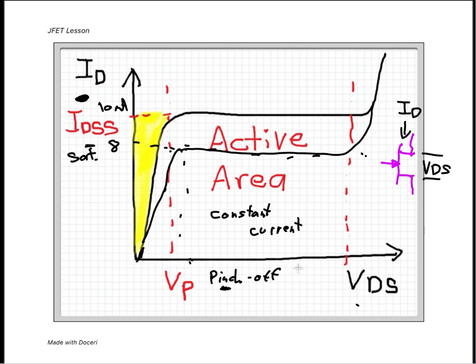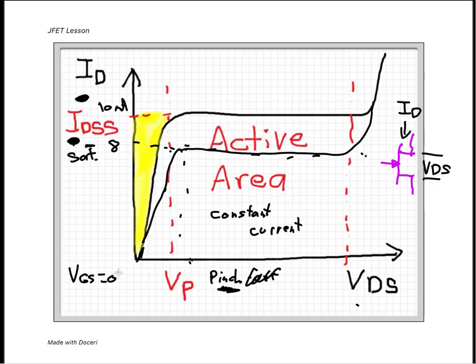If the conduction channel is not wide open, but the current is constant, we still have VP, but it's not called pinch off anymore, because it's not at VGS equals 0. So the voltage is constant, but it's not at this pinch off voltage, which only applies when you have this and VGS equals 0.